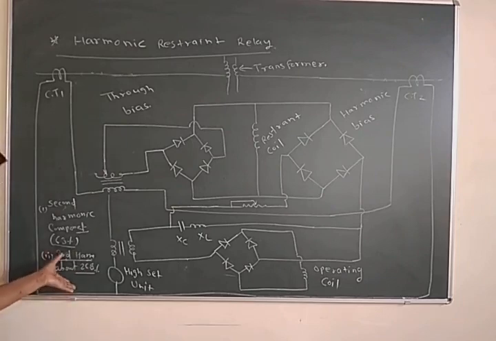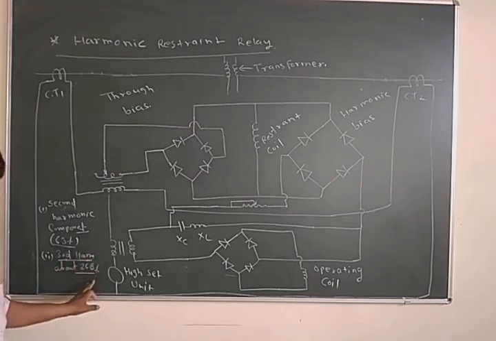So the harmonic components are present in the inrush current, and we have to avoid these harmonics, protect our transformer under fault conditions, and restrict the operation of this relay in case of inrush current flow.